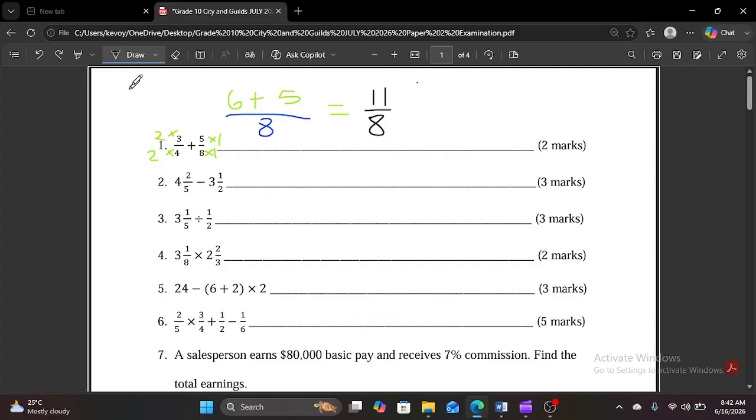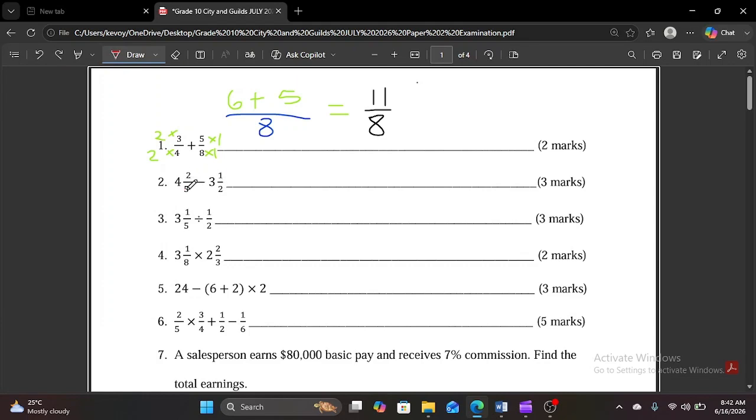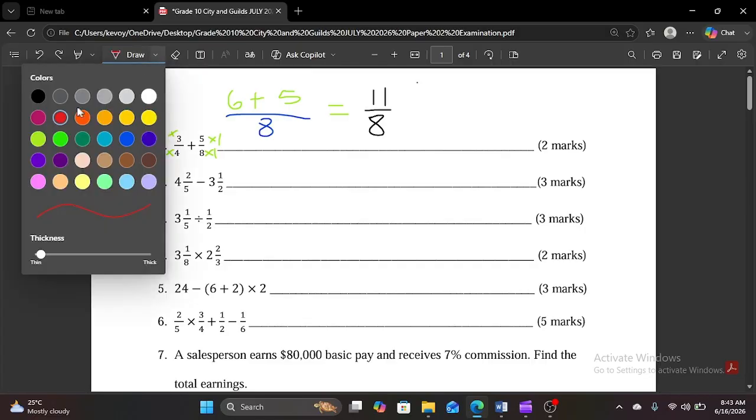Now, for number 2, let's write the fraction. The first thing I'm going to do before I write anything out is that when I see mixed numbers, I want to convert the mixed numbers into improper fractions. How we do that is we multiply and then we add. Let me write it above right here so it looks a bit clearer.